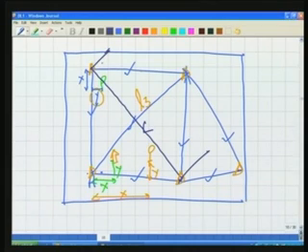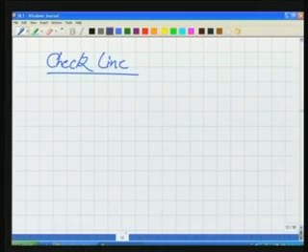If it is not so, then we suspect there is some error in our skeleton. So always we can have either one or more control check lines in our surveying. We should always go for check lines. So now you understand the purpose of check lines, so that we can check the accuracy of our work later on.